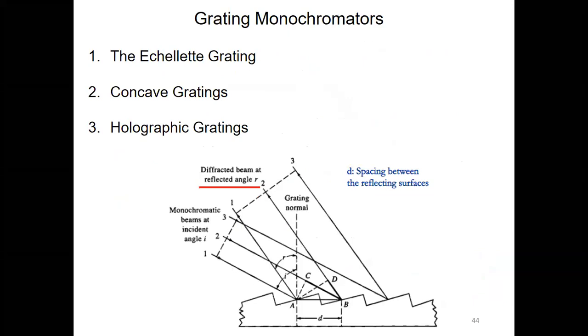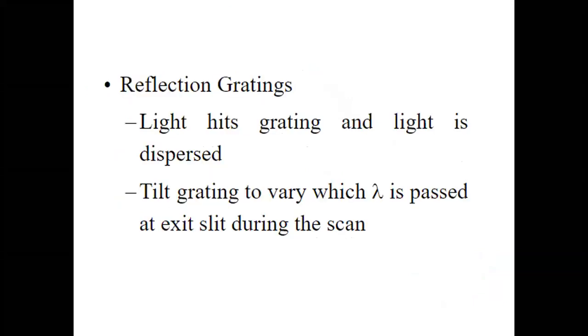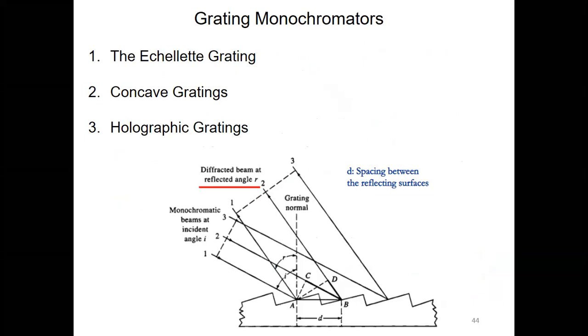Right. And the grating monochromators. Here are some examples of grating monochromators that can be used. I just give you the names. And I told you I will show you a zoomed in image of the reflection grating here. See, this is how the surface looks like. It has a rough surface, the grating surface.